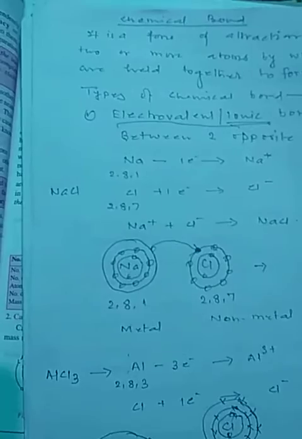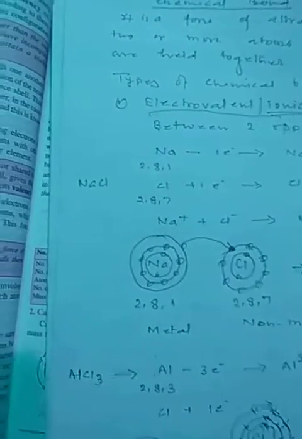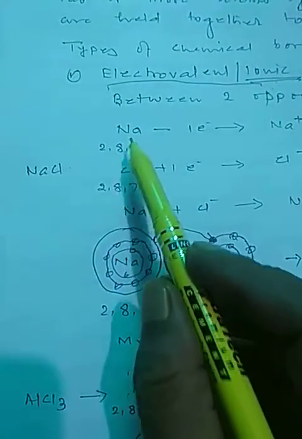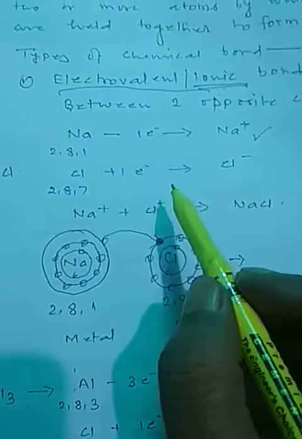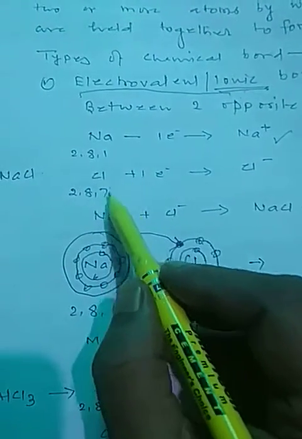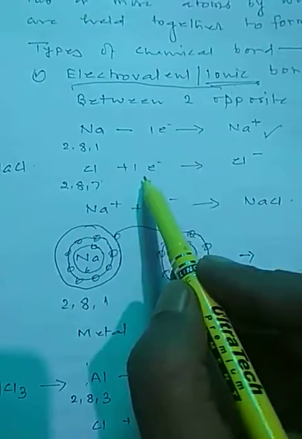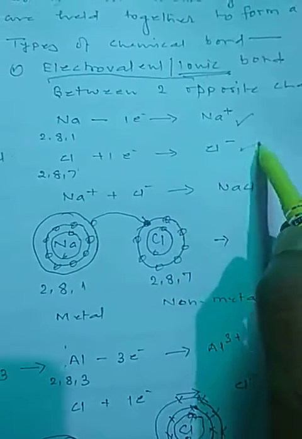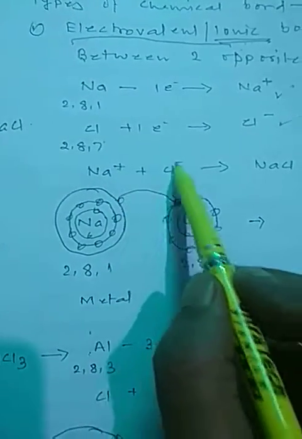When sodium loses one electron, it becomes positively charged, and when chlorine, to complete its octet, gains this electron, it is now negatively charged. This is the sodium ion, this is the chloride ion.